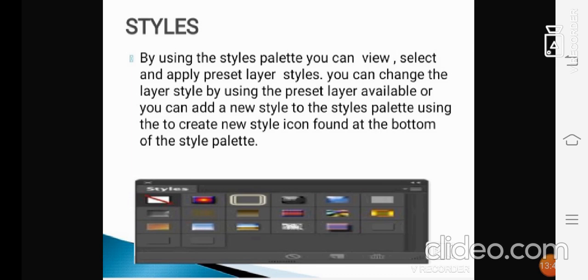You can change the layer style by using the preset layer available, or you can even add a new style to the styles palette using the create a new style icon found at the bottom of the styles palette. Whatever styles you want, you can apply it. You can even add different kinds of styles to your palette.